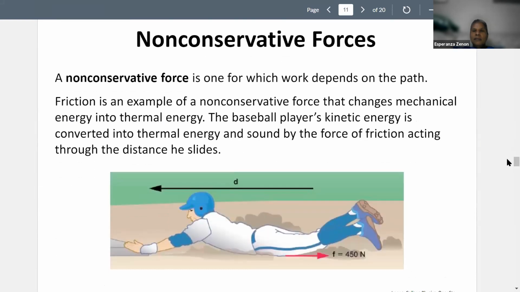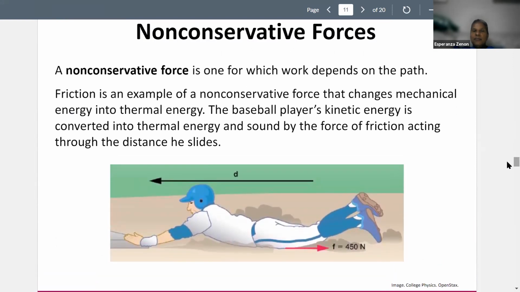Well, what about systems where energy is not conserved? What about systems where you're dealing with non-conservative forces like friction? A non-conservative force is one for which work depends on the path. So how you get from start to finish matters when you're dealing with non-conservative forces like friction.